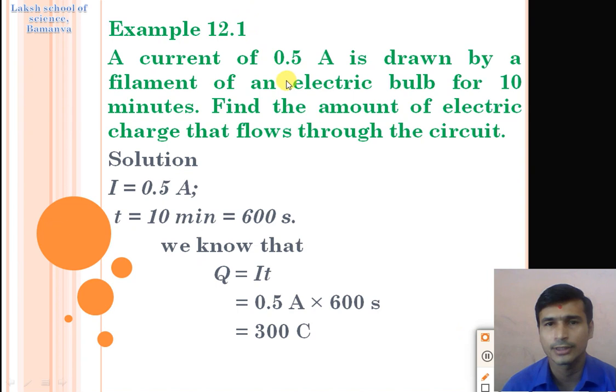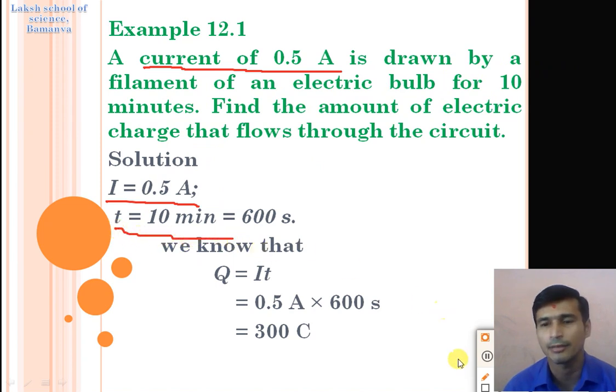So, dear students, the given data: current I is equal to 0.5 ampere. The current is drawn for 10 minutes, so the time T is equal to 10 minutes.